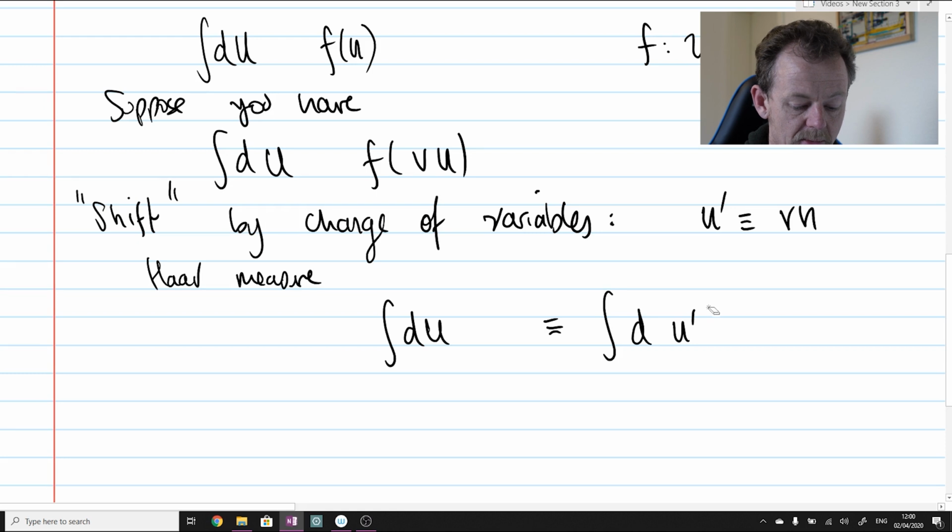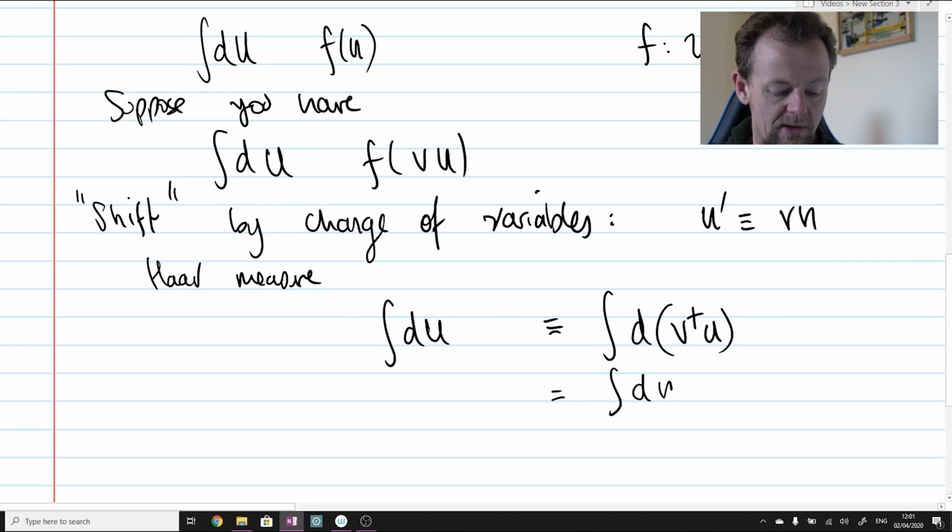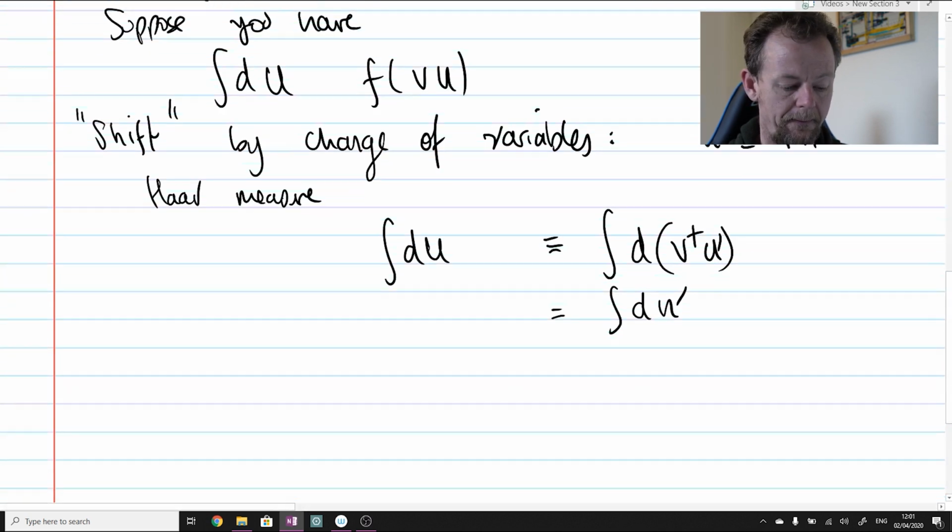In our case, we have to multiply on the left to get back our original u. But because we're multiplying on the left by a fixed unitary operator, we know that one of the defining properties of the Haar measure is that it's invariant under such left multiplications by arbitrary unitary operators. So we actually have that the integral with respect to du is really the same as the integral with respect to du prime.